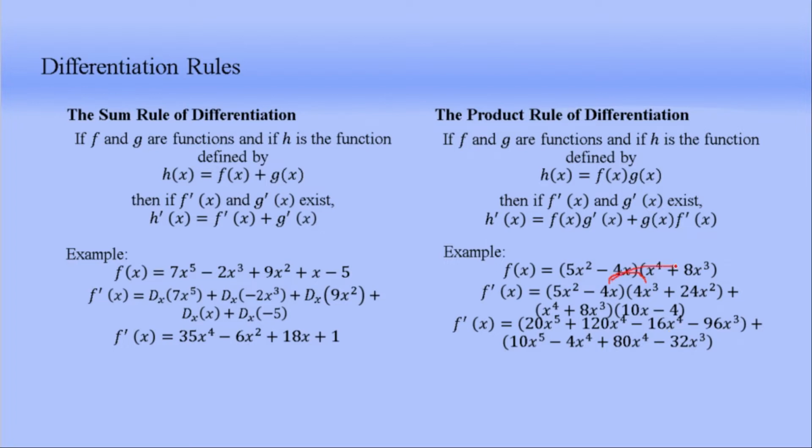And then we're going to multiply negative 4x to 24x squared, and that is going to be negative 96x cubed. We just multiplied negative 4 to 24, so that is negative 96, and then we will add the exponents of the x variable, which is x cubed.